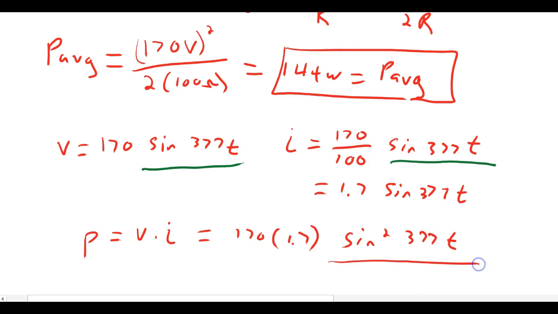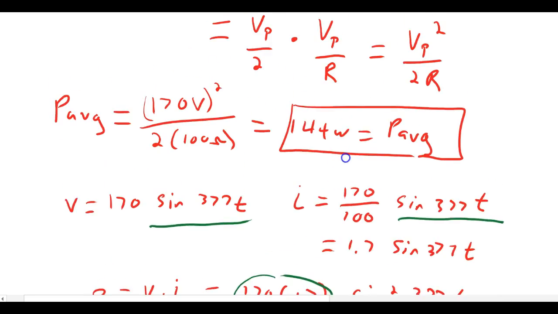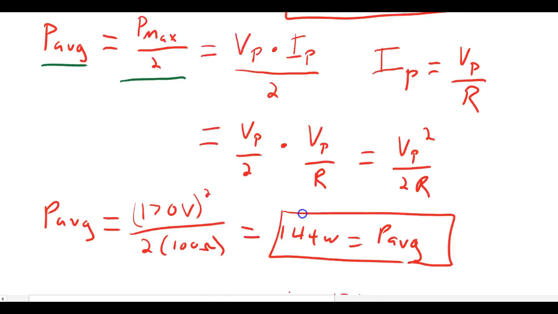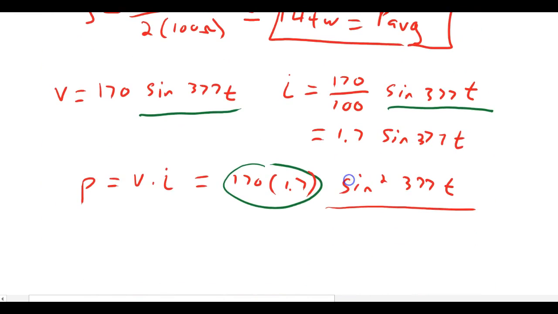The shape of the sine squared waveform basically says that the RMS value and the average value of it will turn out to be equal. And remember, the peak value here, we said that the average value was the maximum value divided by 2, and so if you multiply the 170 by 1.7, you come up with 288 times sine squared of 377t as the power waveform.